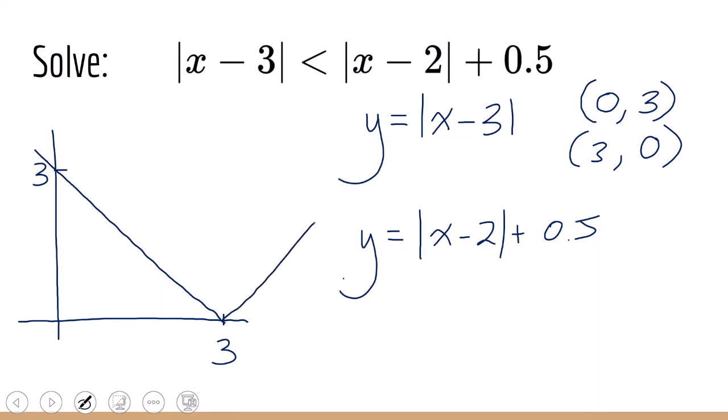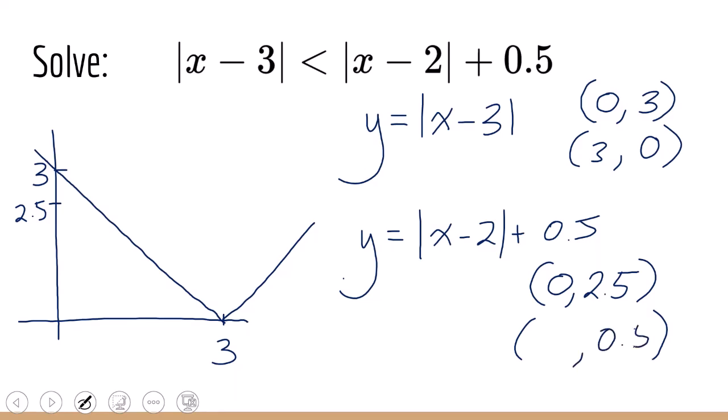And then for my second graph, again, let's find the intersections. When x is 0, we see that y is 2.5. And we see that actually there is no point where this line will hit the x-axis, since the smallest value I can take is 0.5.